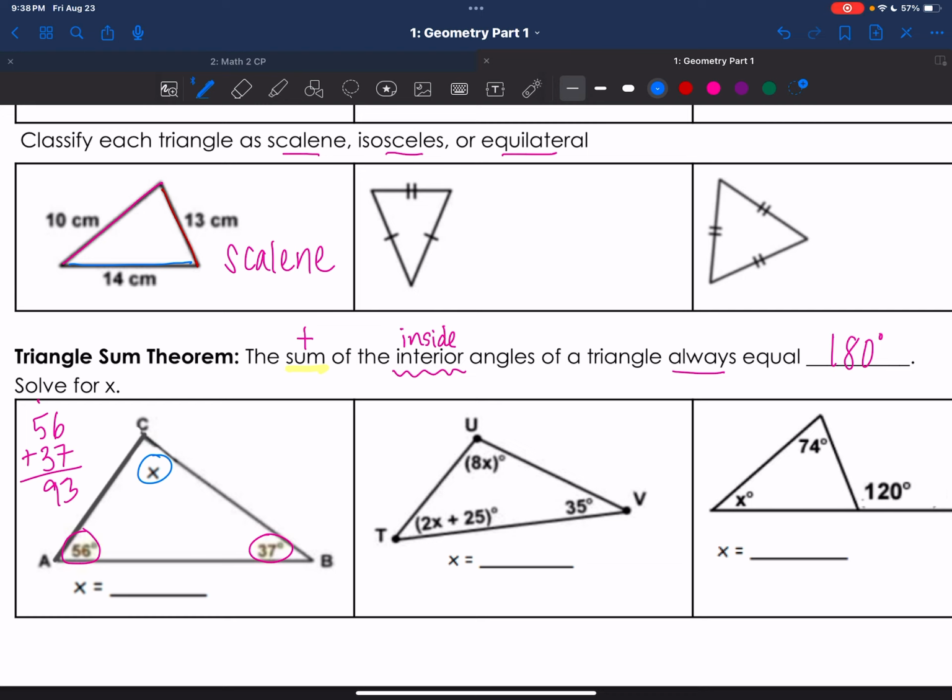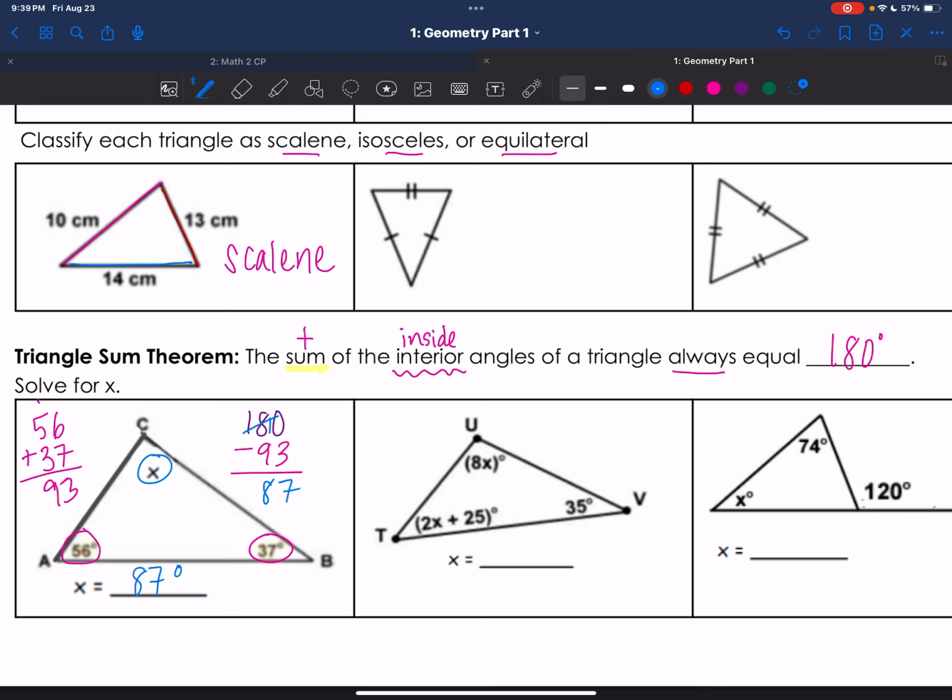So we have to take 180 minus the 93 we did before. And then that's going to give us 87. And so that means x is 87 degrees.